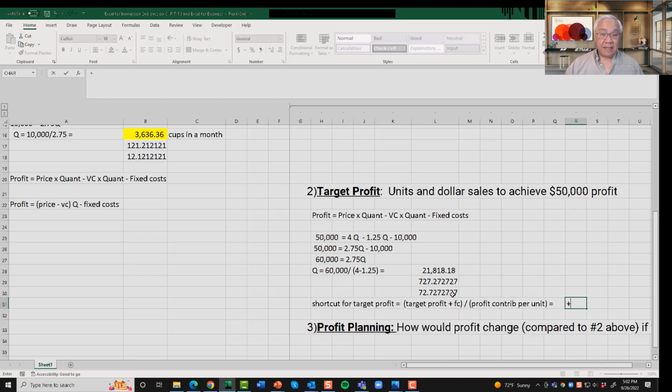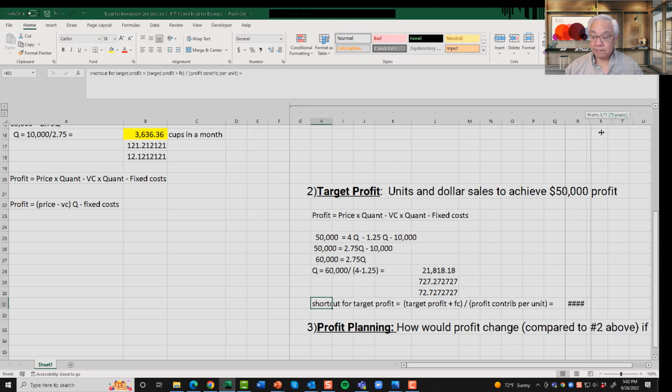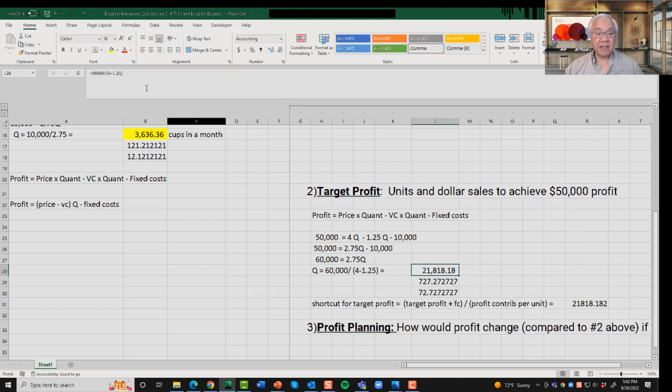Target profit was 50,000 plus 10,000. Don't forget the parentheses or you'll mess up. And the denominator is 4 minus 1.25. And we should get to the same number right here. So we see that, again, either the long way or the short way works because they're both arithmetically or mathematically identical. All right. So that is, if we wanted to make 50,000, now we know how many cups of coffee we have to sell.